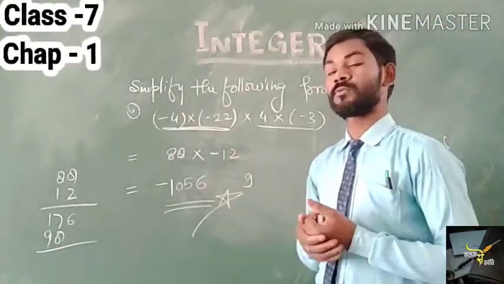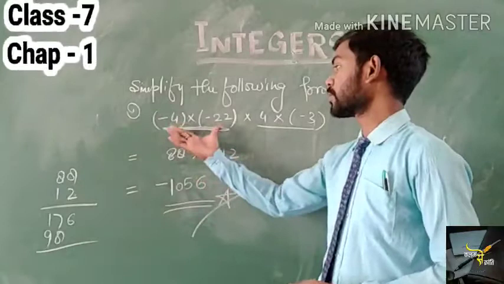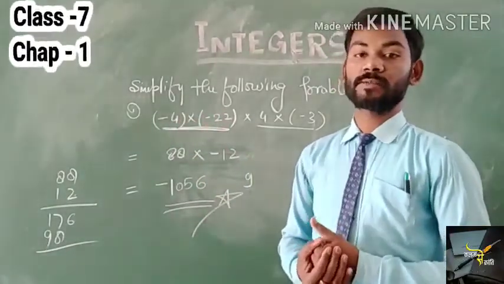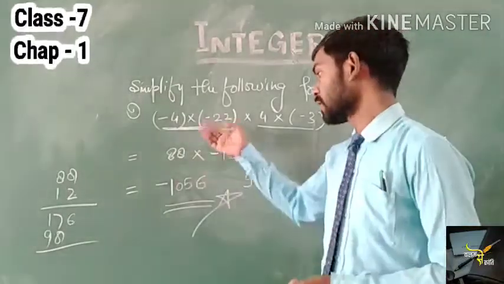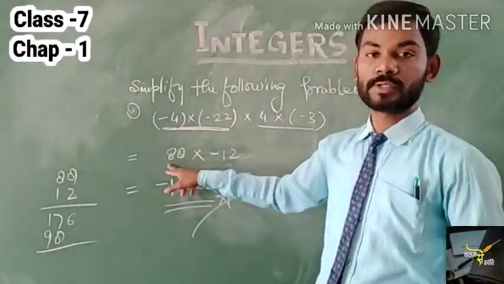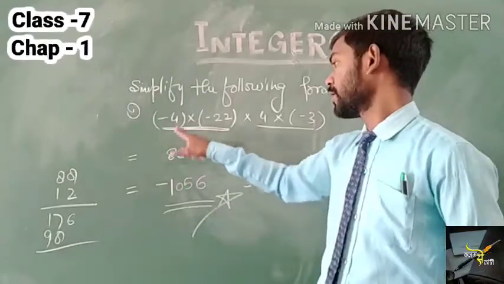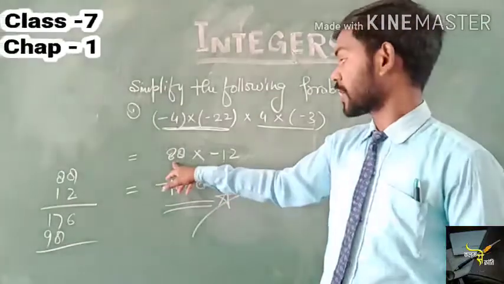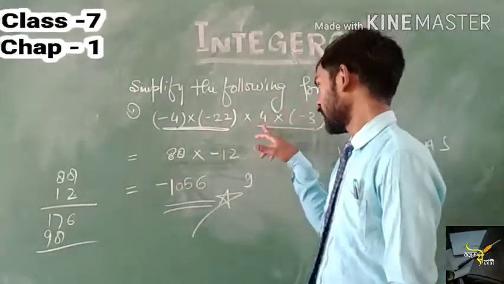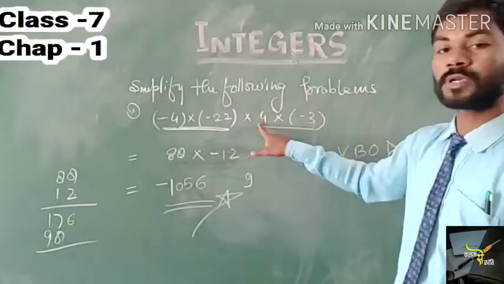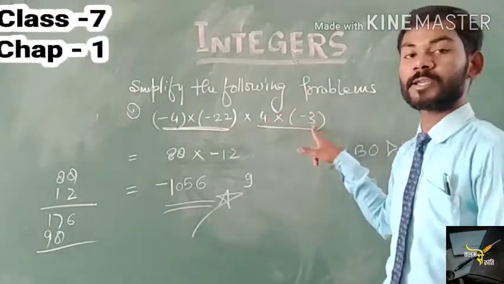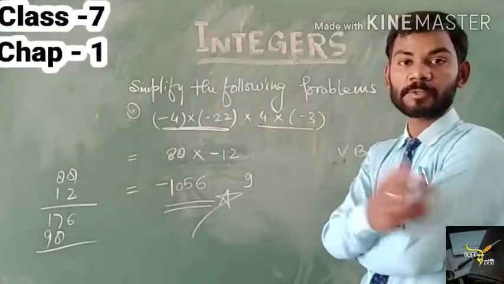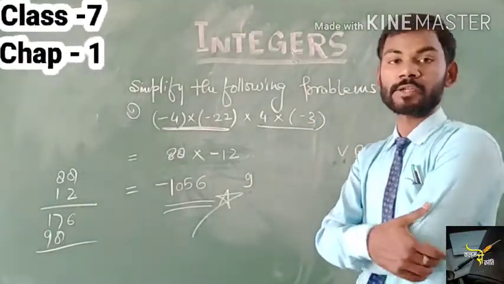Now let us see the solution once again. In the first two terms, both terms have the sign minus. Therefore minus multiplied with minus gives us plus, and 4 times 22 is 88. So in the first step we get plus 88. In the last term, one term is positive and the other is negative. So when a positive integer is multiplied with a negative integer, it gives a negative product.